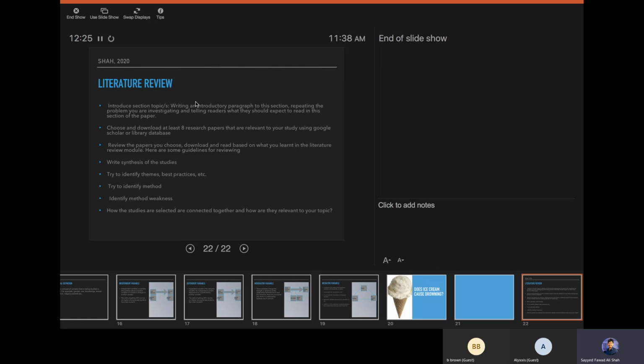A literature review is different than the annotated bibliography. In an annotated bibliography, you just provide summaries of each study. Now you are trying to create a dialogue among those studies, how they are similar, different. So take the studies that you are reviewing as 8 or 10 students in the class.